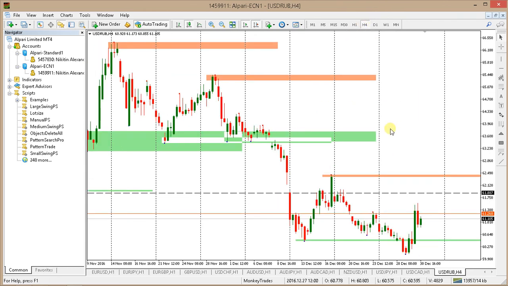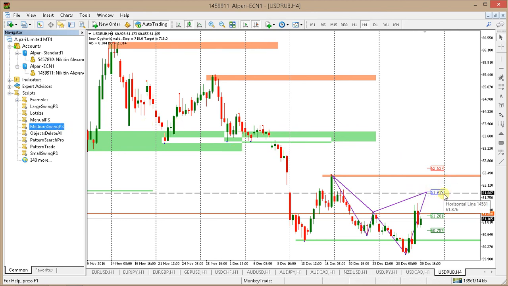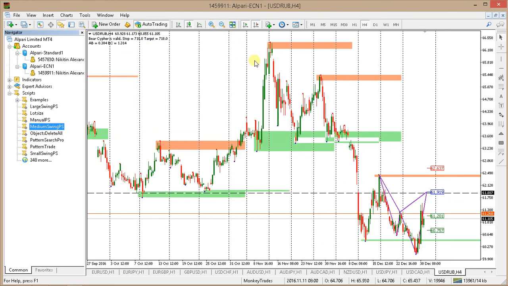Okay, and what do we have here? Let's enable my pattern search. Large swing tells nothing. Medium swings. Okay, look at what it is. It is a perfect coincidence of structure and Fibonacci ratios. So this is the structure.